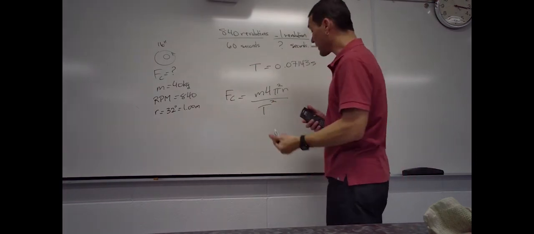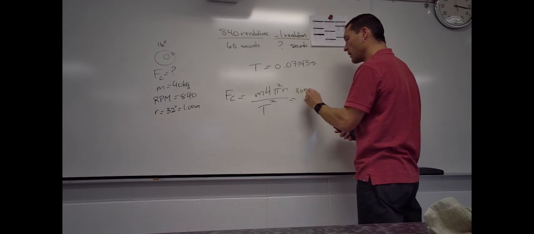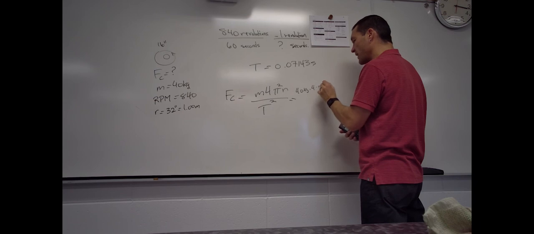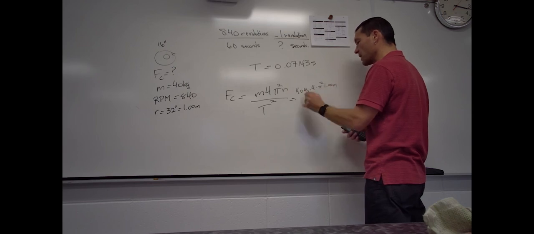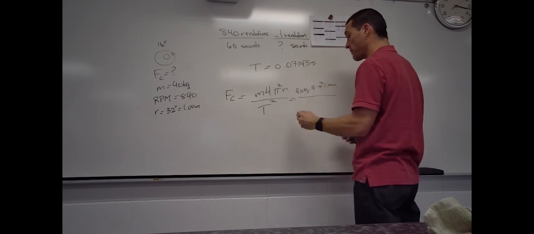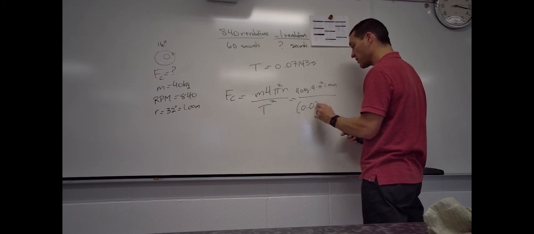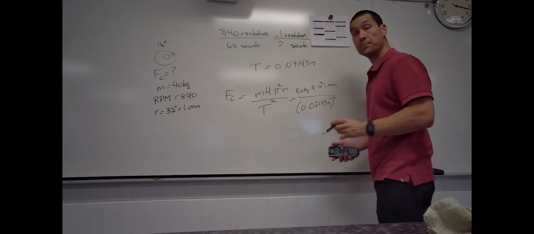From here, it's just plugging in the numbers. Mass of 40 times 4 times pi, you should have that in your calculator, squared, times the radius of 1.00 meters, divided by my period of rotation, which is 0.0714 seconds squared.